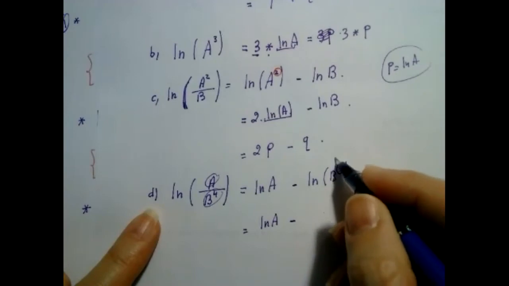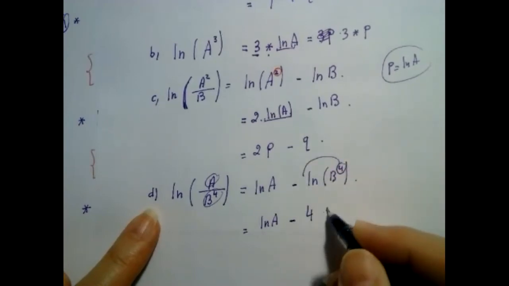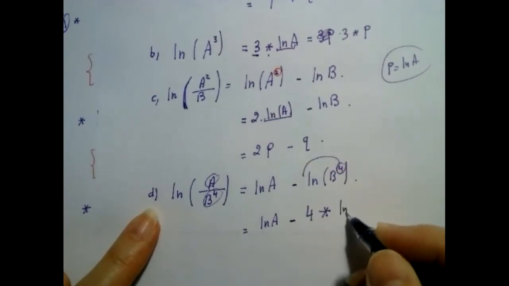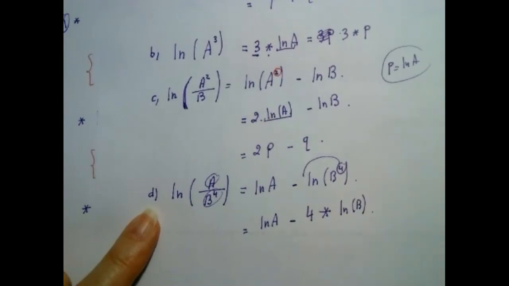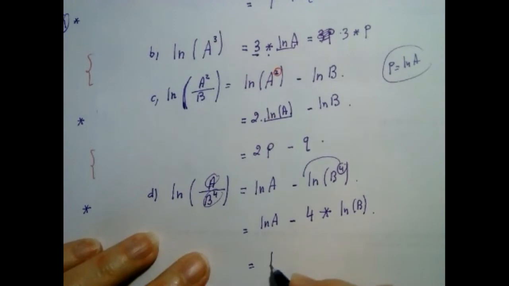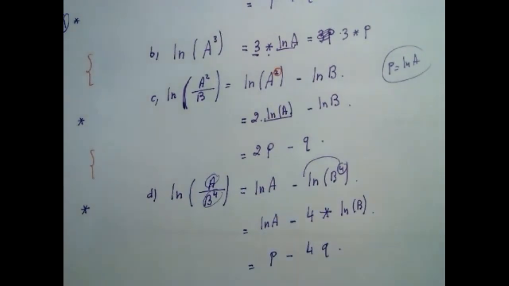This is the 4, this will go down. So this is going to become 4 multiplied by the ln of B. Now, if I tell you ln of A is P, you substitute this by P, and you substitute this by Q. If I give you a specific value, you know the specific value.